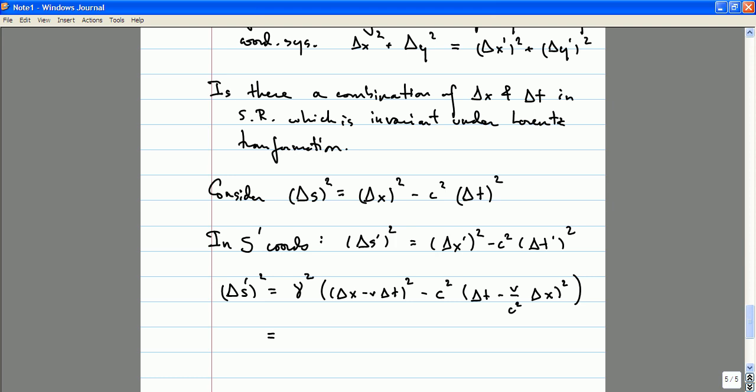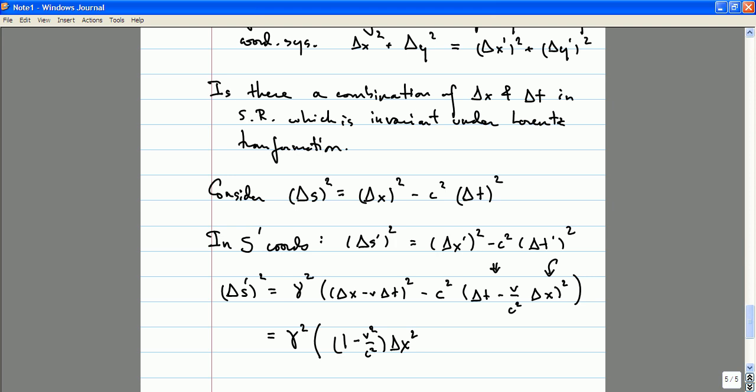So let's go ahead and compute that. We have gamma squared. Let's first compute the coefficient of delta x squared. From the first term, we get a 1. And from the second term, because you have a minus c squared out front, and then the square of minus v over c squared, that's plus v squared over c to the fourth. Put it all together, and you get minus v squared over c squared.